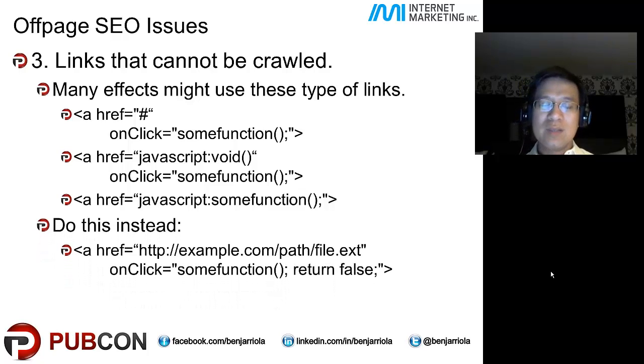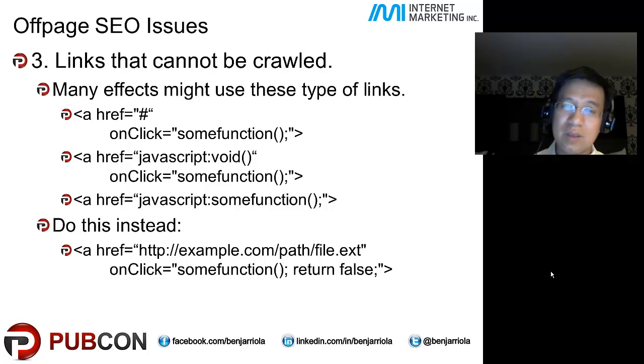Now, what is ideal is you have a specific URL where the href value goes to, but your onClick function has a return false, and the return false specifically tells the web browser to not load the URL in the href.